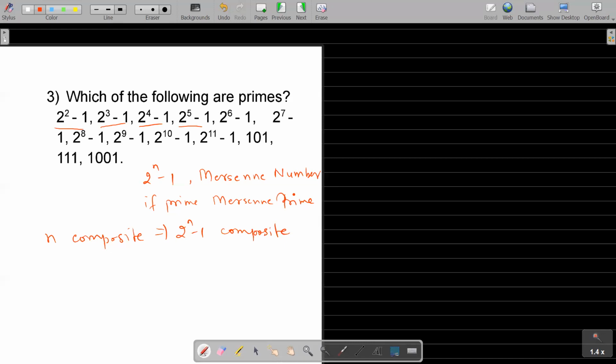But if n is prime, sometimes 2 raised to n minus 1 is prime, and sometimes it is composite. So we'll see such examples in this list.